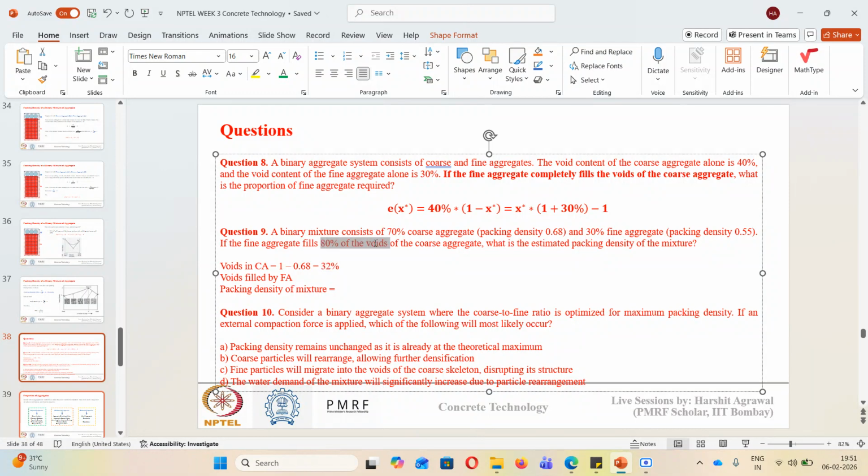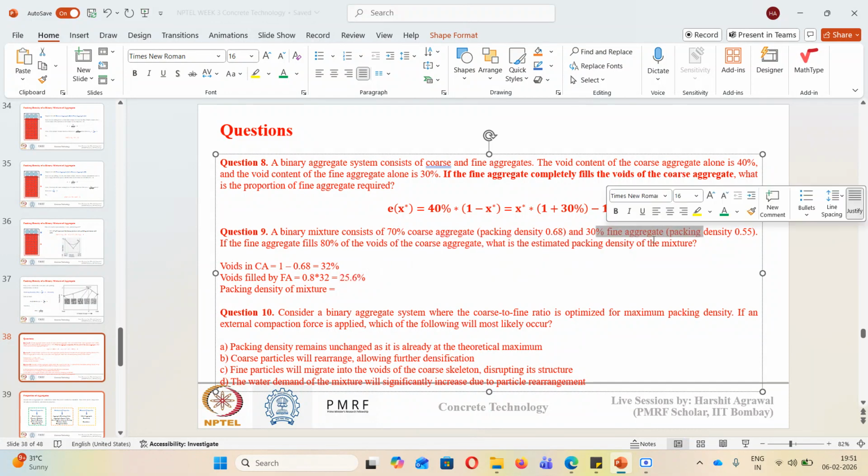If 80% of the voids in coarse aggregate is filled by fine aggregate, then 80% of this 32% is filled by fine aggregate. So that is 26.5%. So out of 32%, 26.5% I have filled by fine aggregates.